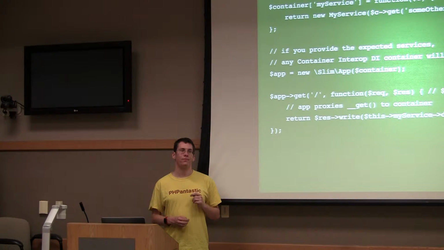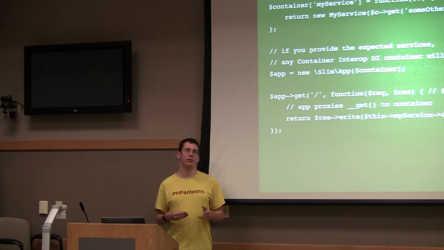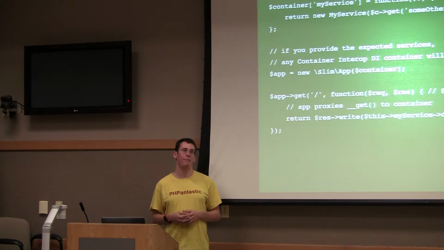That middleware then has access to the request and the response, and if it's a closure, it's bound to the app. If it's not, then you just use your standard dependency injection constructor magic to get the dependencies you need.